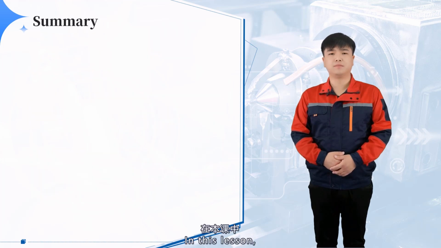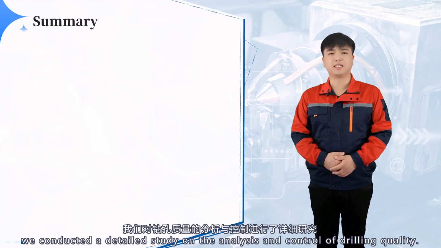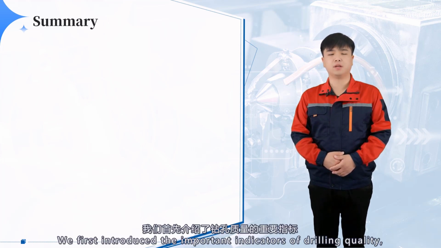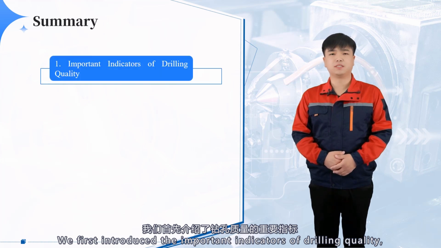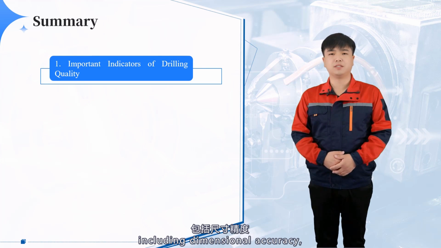In this lesson, we conducted a detailed study on the analysis and control of drilling quality. We first introduced the important indicators of drilling quality, including dimensional accuracy, shape accuracy, surface roughness, and positional accuracy.